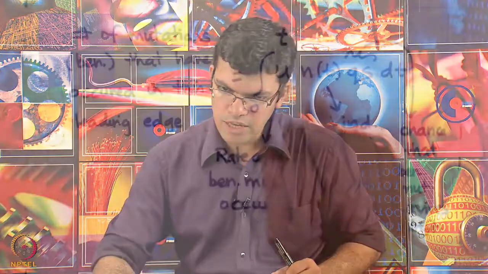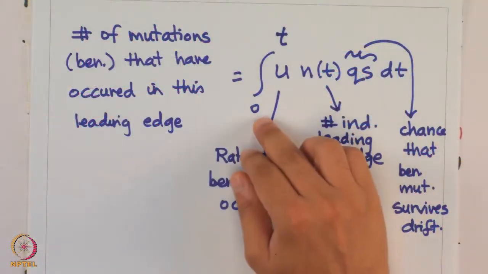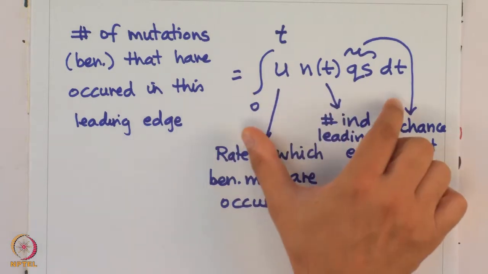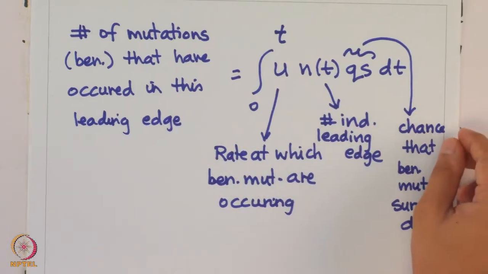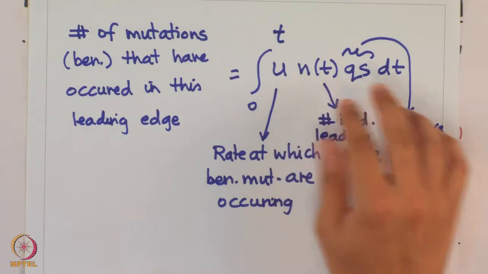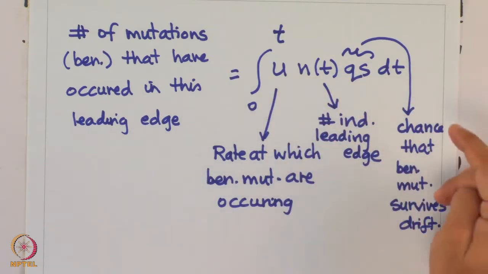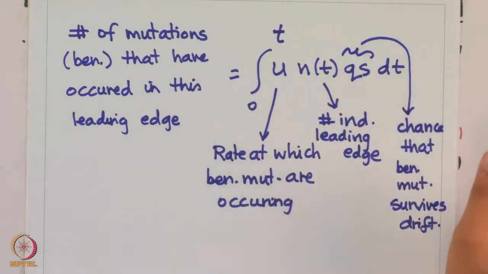And then because Nt is changing with time, we integrate it from 0 to t, and this is the total number of beneficial mutations that are occurring at the leading edge, which also survive drift, is given by this expression. But we are not interested in the number of mutations that are occurring in this leading edge. What we are interested in, how much time is needed before the first beneficial mutation that occurs from this leading edge gets established. That's the quantity we are interested in.